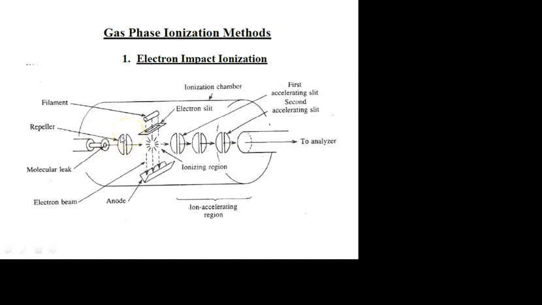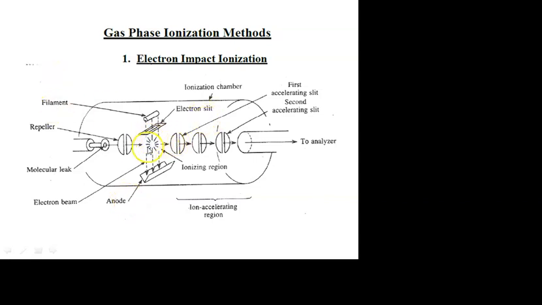There, an electron beam with an energy of 70 electron volts is bombarded on the chemical compound, and this liquid or solid ionizes. This is the region of the anode, filament and electron slit.